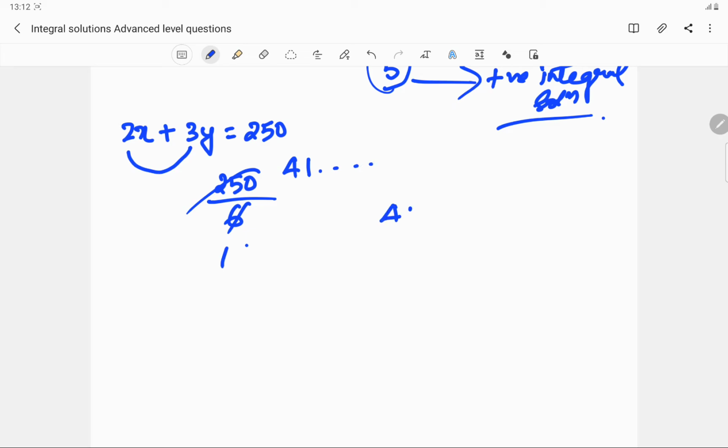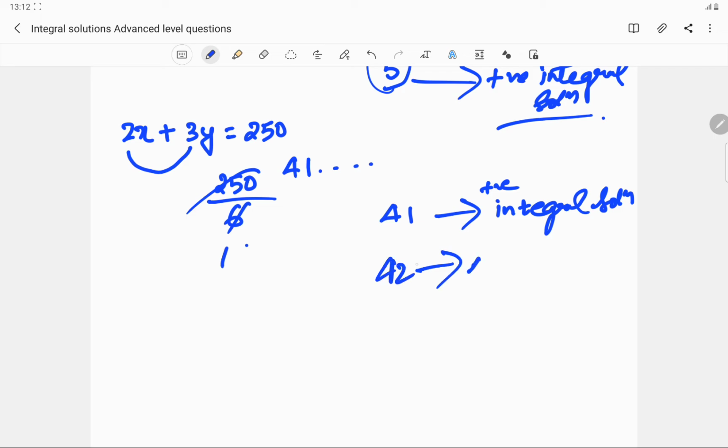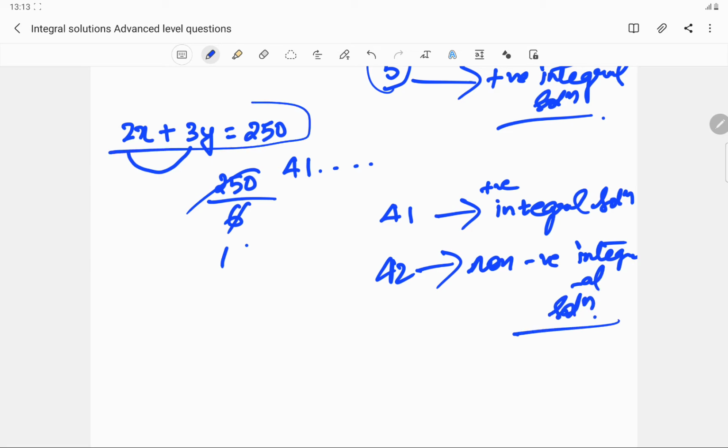So there will be 41 positive integral solutions and 42 non-negative integral solutions. So within 10 seconds we are able to find out the non-negative integral solutions or positive integral solutions to this equation. Now let us move ahead.